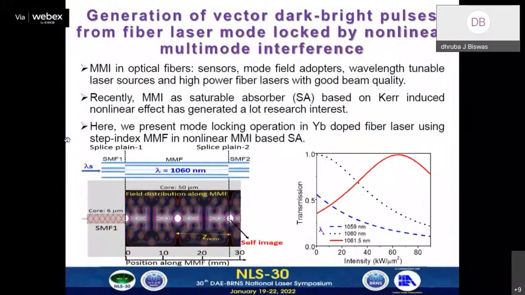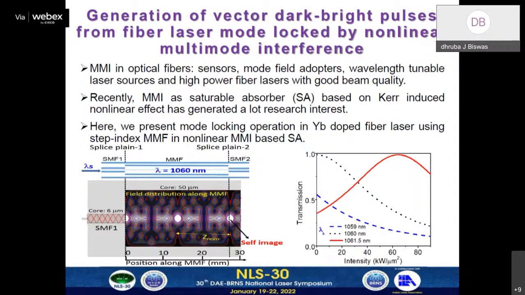So this is generation of vector dark light pulses from a fiber laser mode locked by nonlinear multimode interference. Multimode interference in optical fibers has been used for sensors like displacement sensors, current sensors, temperature sensors, magnetic field sensors, etc. It is also used for mode field adapters, for designing wavelength tunable laser sources, and high power fiber lasers with good beam quality.